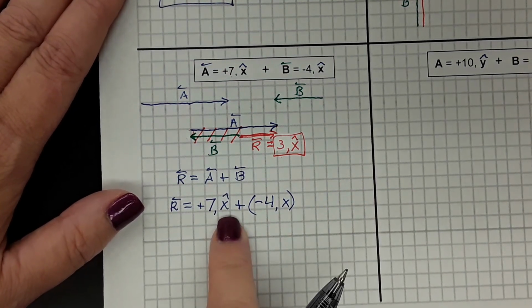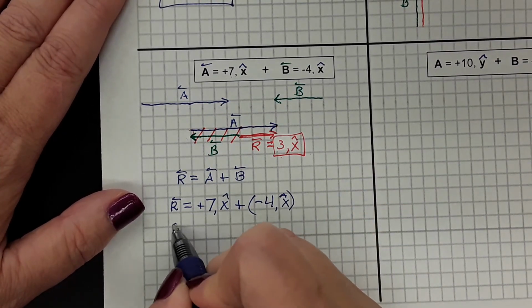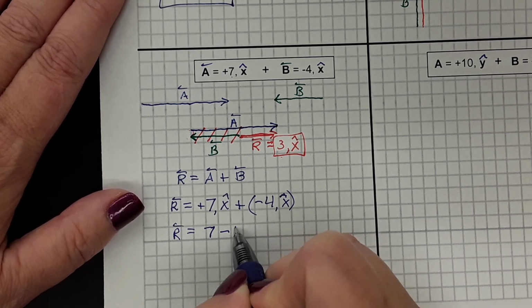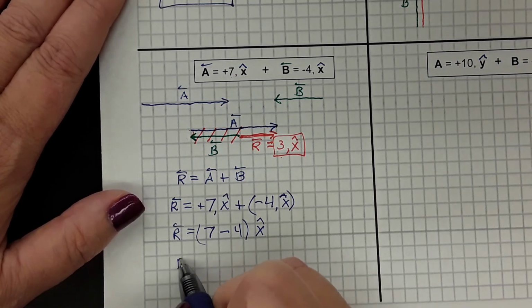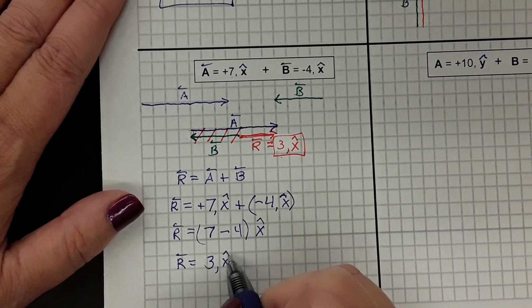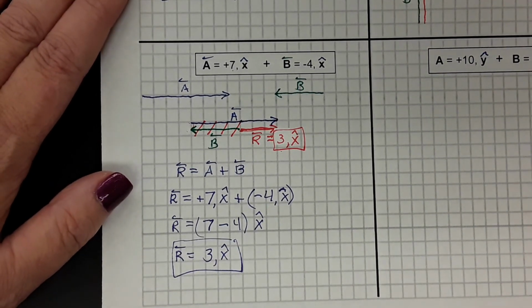I want you to notice the x hat is common to both. So if we factor that out, we get 7 plus a negative 4, which is the same thing as minus. So we end up with 3 units in the positive x direction, just like we got in our picture. Not bad, was it?